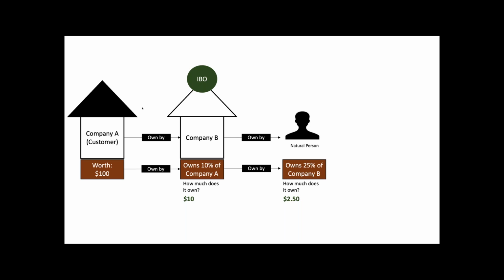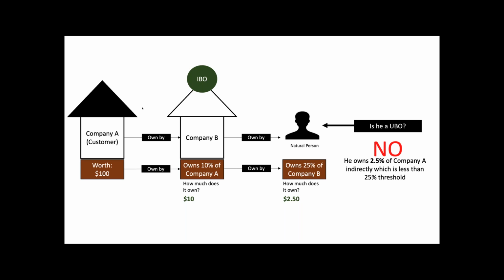That making sense, right? Now, the natural person owns 25% of company B, which is 25% of $10, which is $2.50. Now, is he a UBO? Clearly not, because he owns less than 25%. Does that make sense?